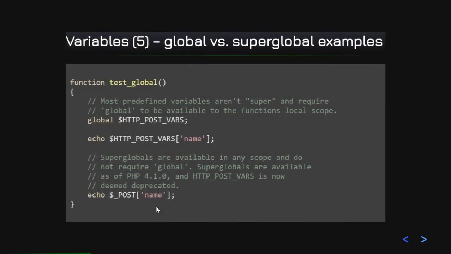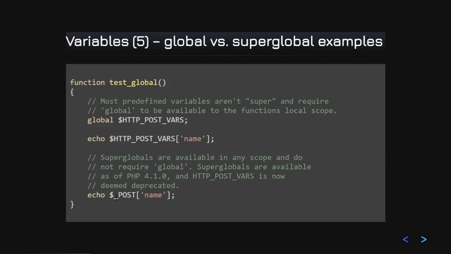Some examples. For this one, which is deprecated, HTTP_POST_VARS, it's an array, but it has the global scope. So in order to use it inside this function, inside this test global function, we need to declare it as global like this, and then we use one of its components.